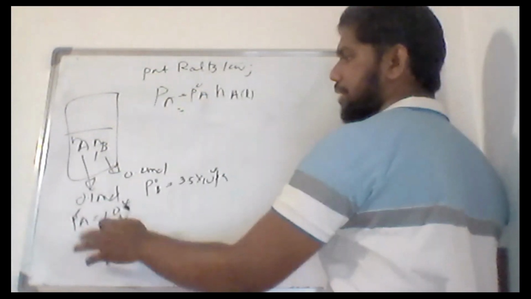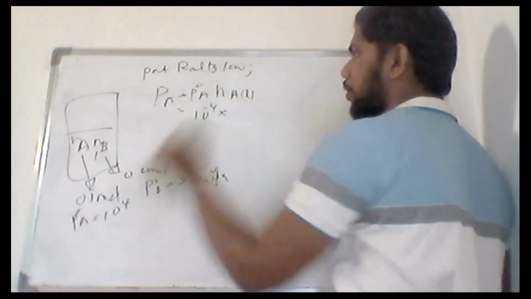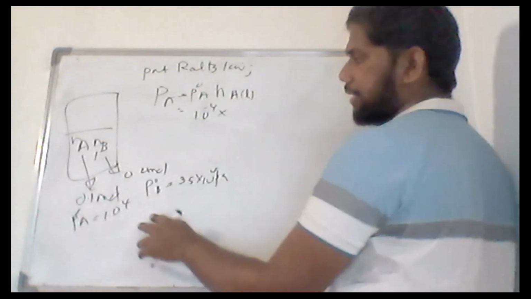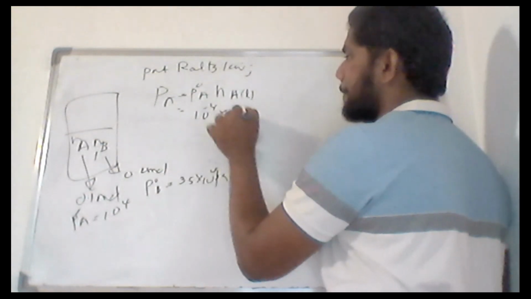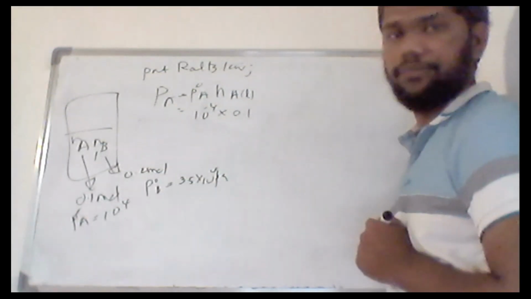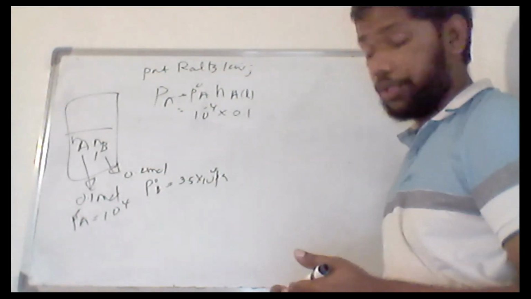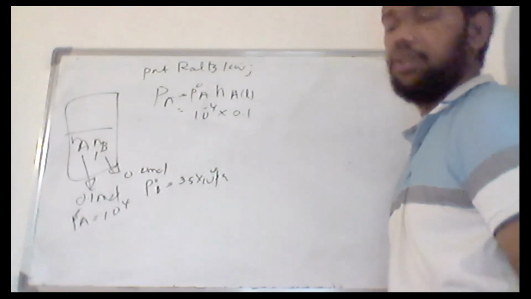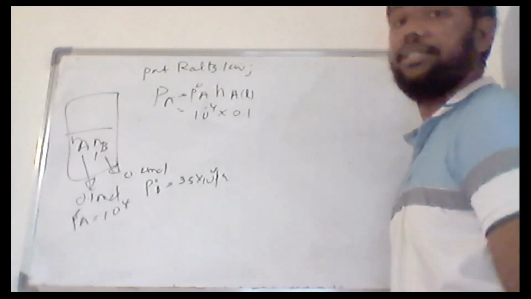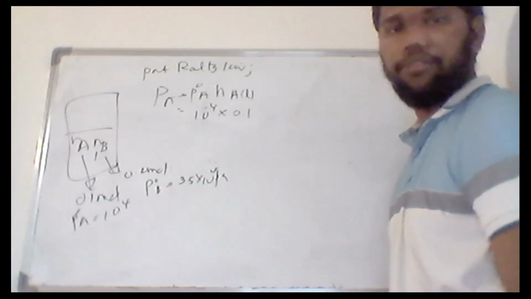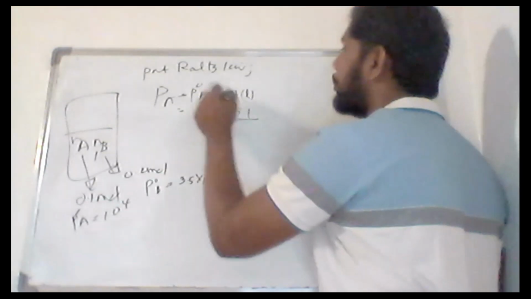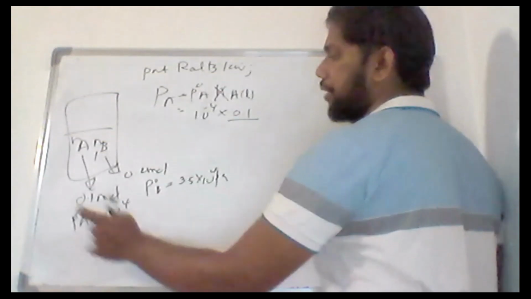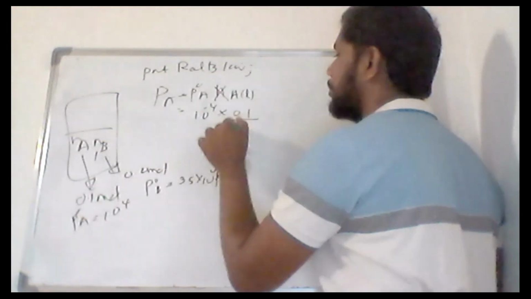P naught A is given as 10 to the power 4. Na means the number of moles, but we are going to go with XA in the liquid, which is the mole fraction. So that means 0.1 over the total number of moles, which is 0.3.